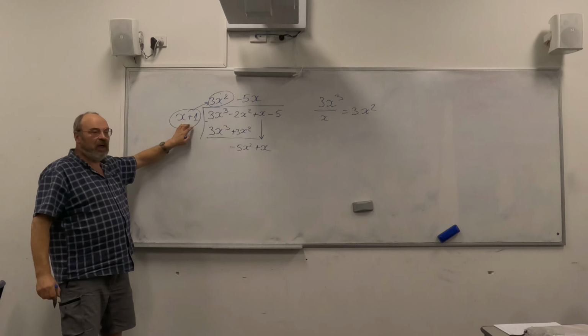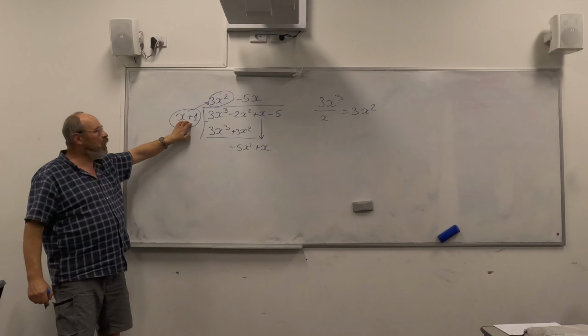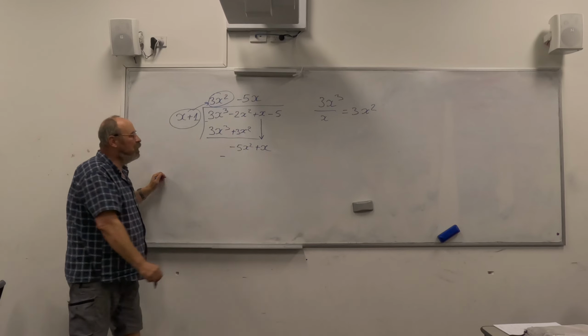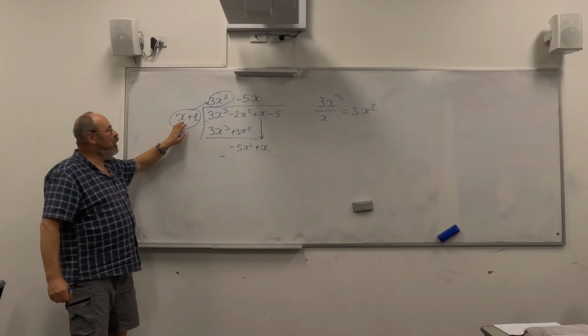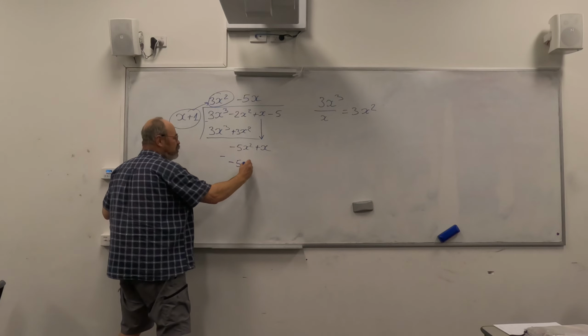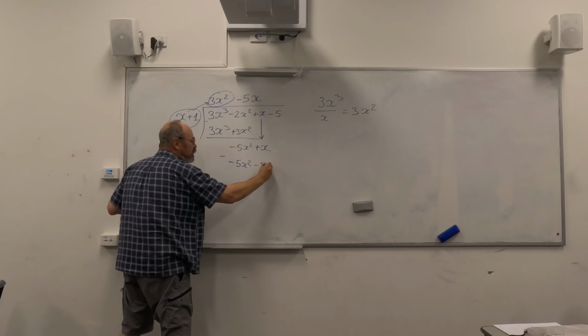Then we repeat the process. We multiply x plus 1 by negative 5x and we subtract it from what we have here. So x times negative 5x is negative 5x squared. 1 times negative 5x is minus 5x.